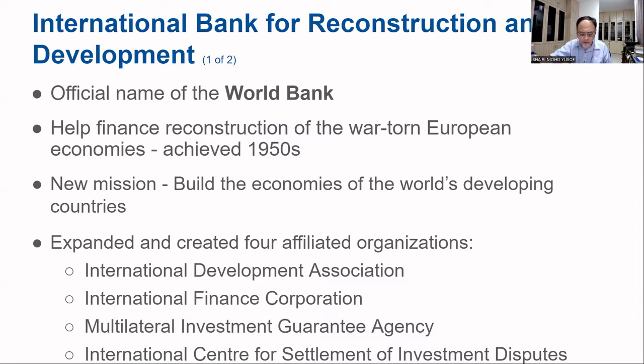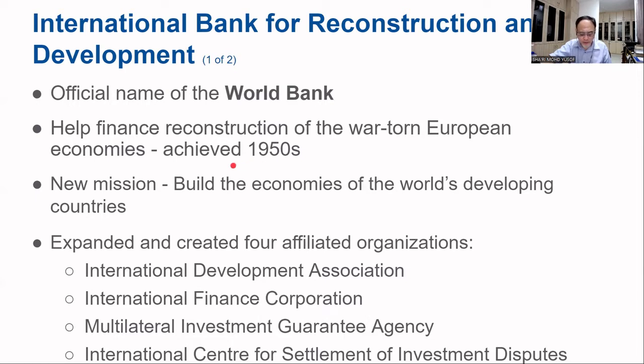To finance its lending operations, the World Bank borrows money in its own name from international capital markets, and the interest earned on existing loans gives it more lending power.